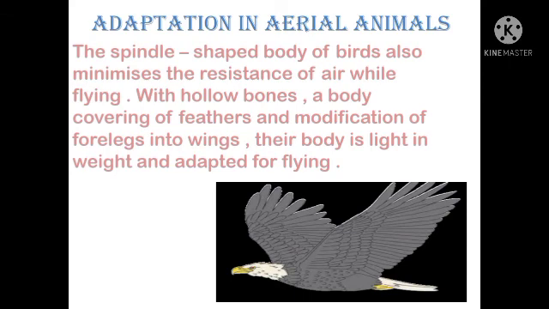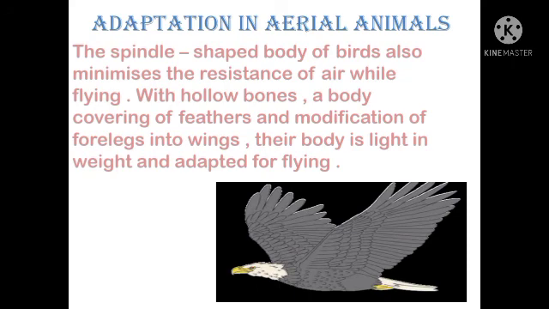Covering of body with feathers and modification of forelegs into wings. What are forelegs, students? Forelegs are nothing but the legs which are front. The front legs are the forelegs and the forelegs are modified into wings in birds. Their body is light in weight, hence it is adapted for flying.